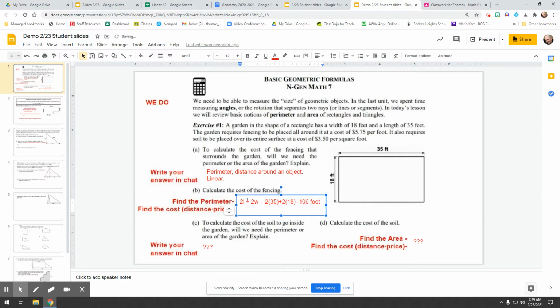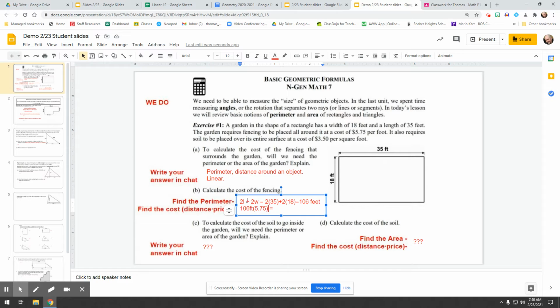Now that you know the distance around the object, if it's 106 feet, we still have to multiply that by the cost for each linear foot, which is $5.75. So go ahead and calculate that very quickly. What is the total cost going to be?